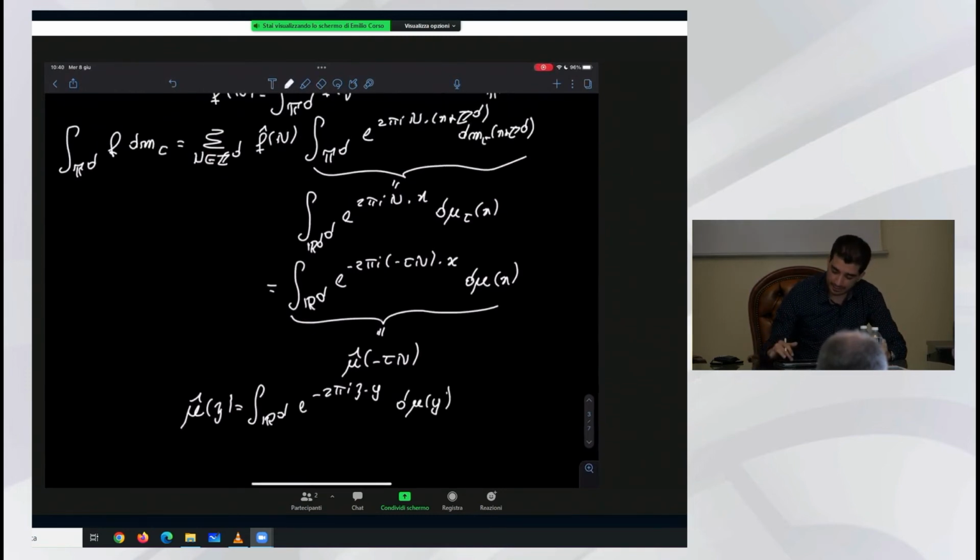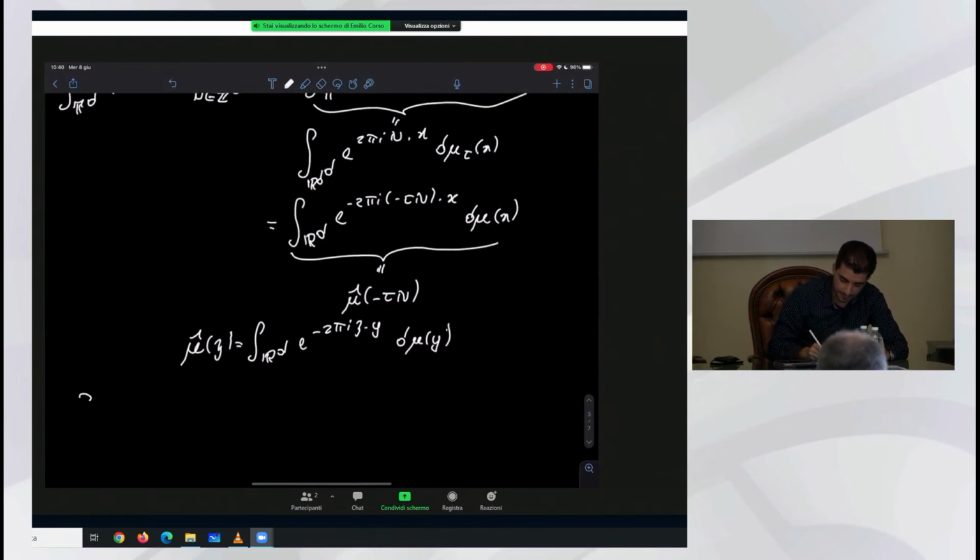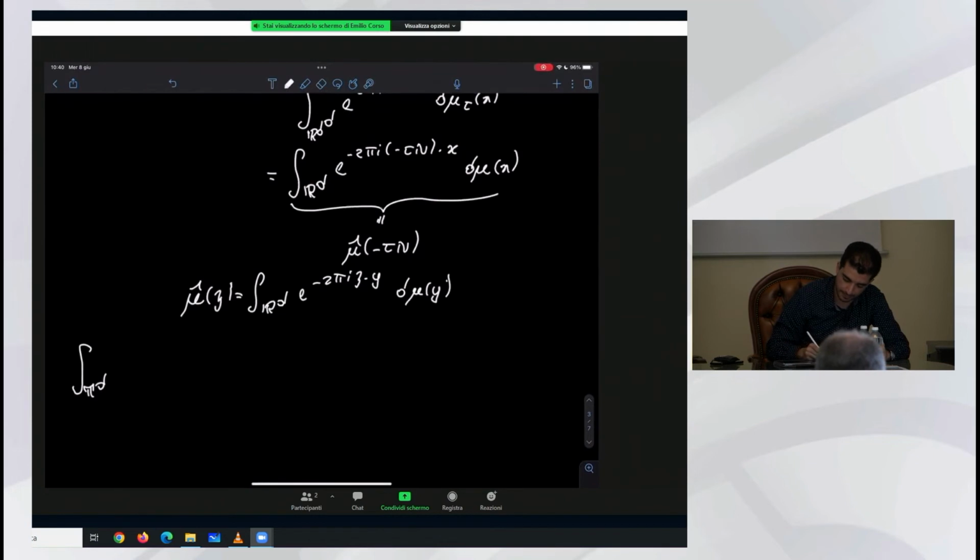So you see that now we can write the difference between the integral of f with respect to m_t and the integral of f with respect to the standard Lebesgue measure.